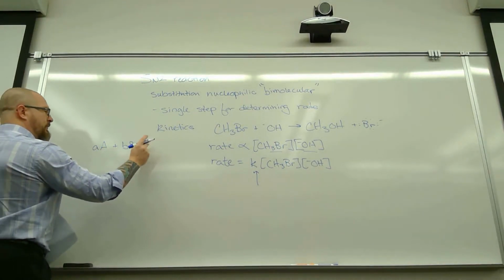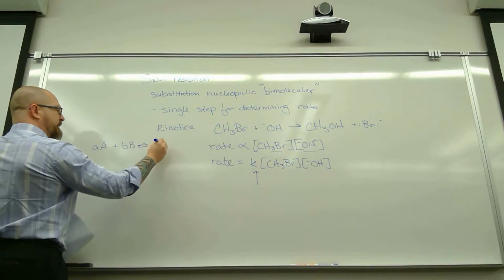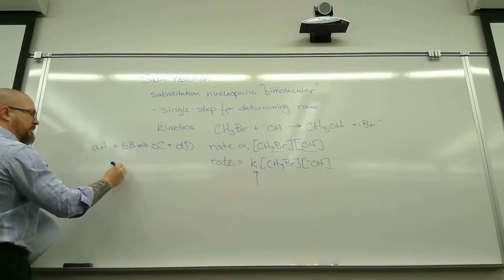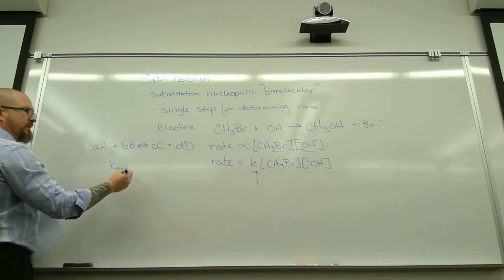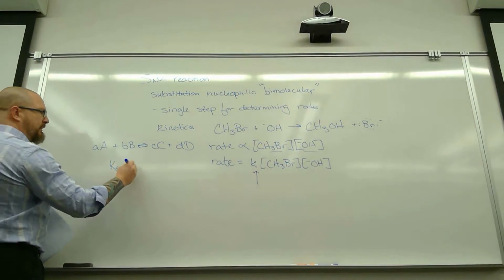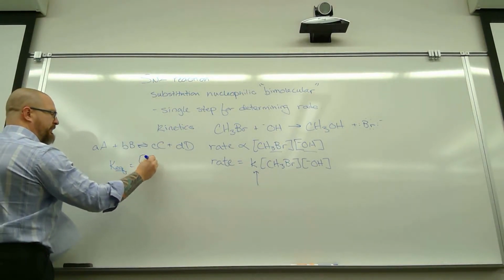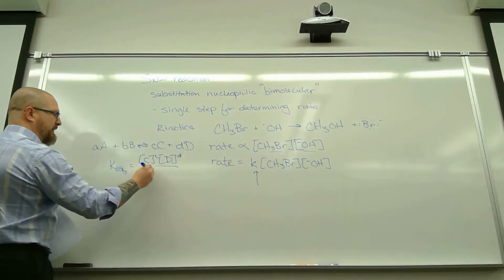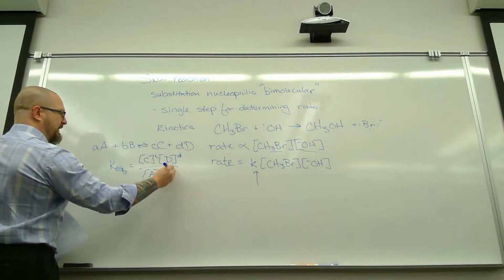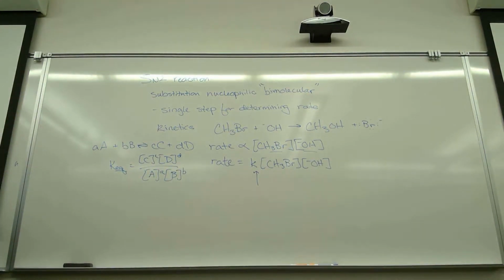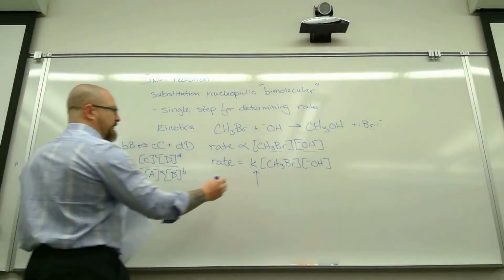So for any general reaction, the equilibrium constant, and this is just an equilibrium expression of K, would be your concentrations of C adjusted for C, D adjusted for D, A to A, B to B. So that would be your equilibrium expression. This is your reaction rate, your reaction constant.